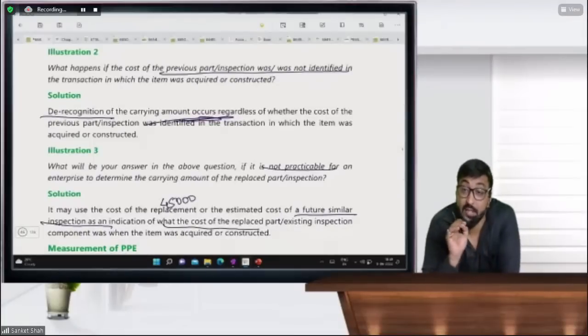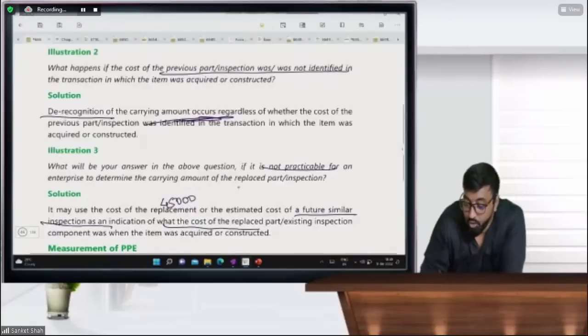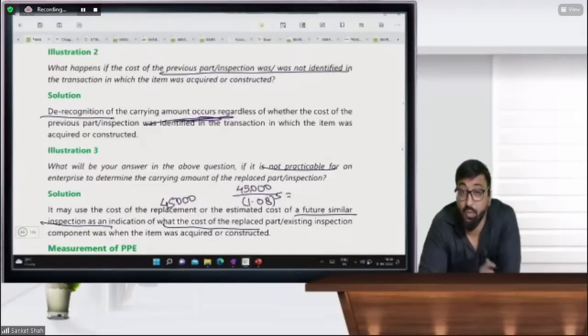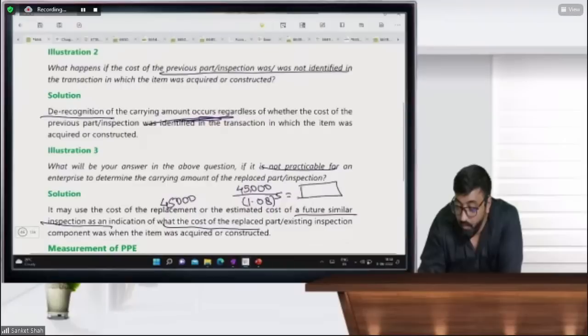So you will consider, if I incurred 45,000 5 years back, what was my cost? Due to the inflation factor, you will calculate its present value. Suppose you consider inflation at 8%, so 1.08 raised to 5 as a discounting factor. And this will be your past cost.